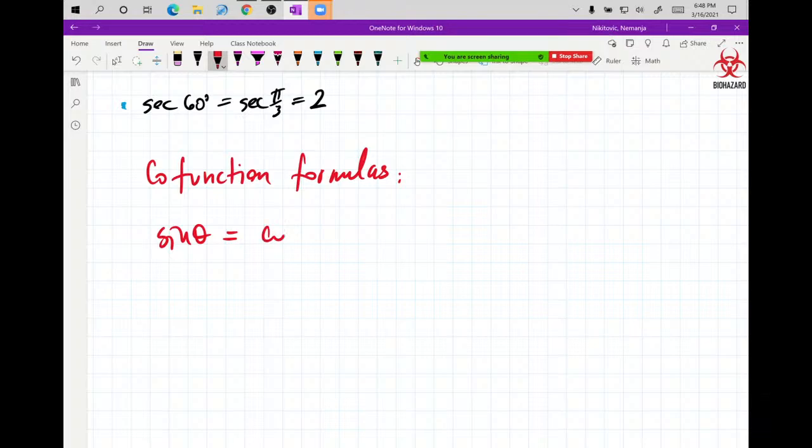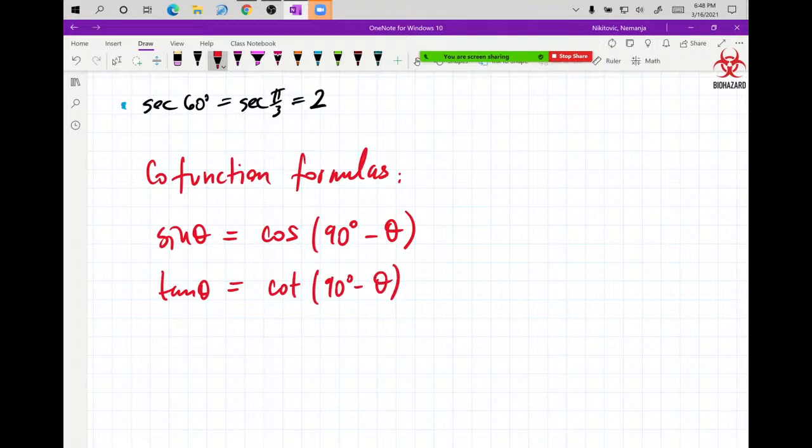Sine theta is equal to cosine of 90 degrees minus theta. And tangent theta is equal to the cotangent of 90 minus theta. And finally, secant theta is equal to cosecant of 90 minus theta, because they are producing the same values. Now, we only showed that for this one. Actually, no, we showed them for all.